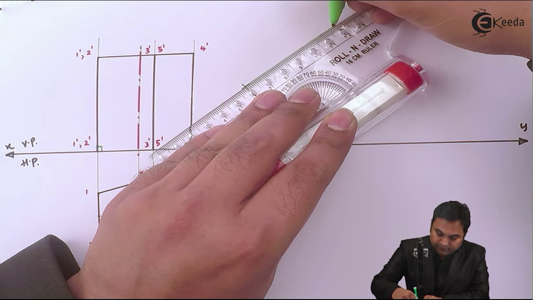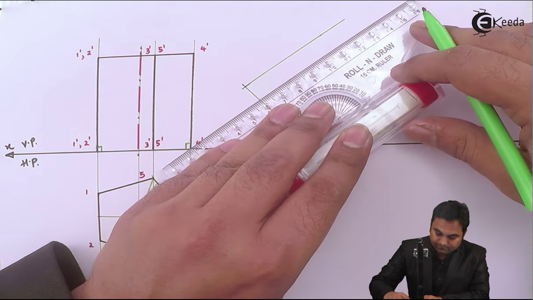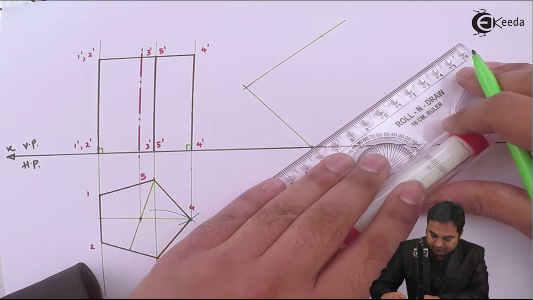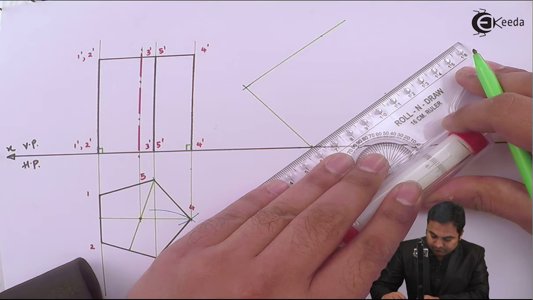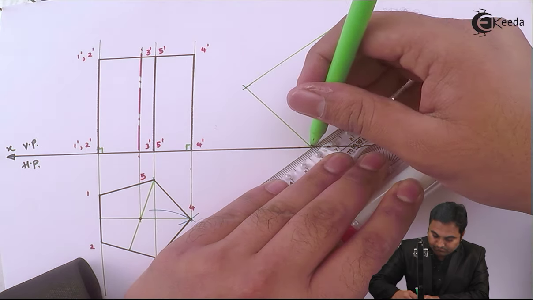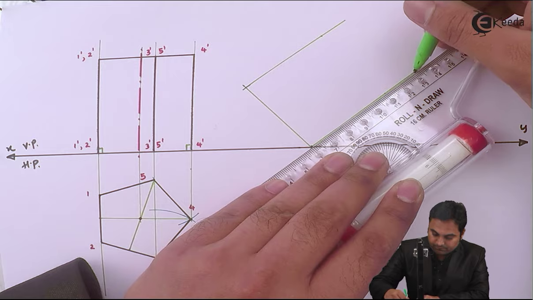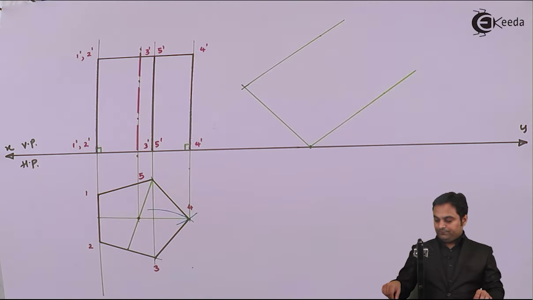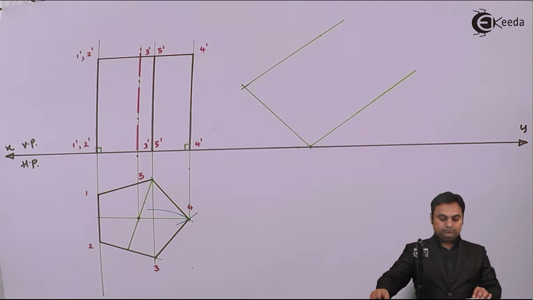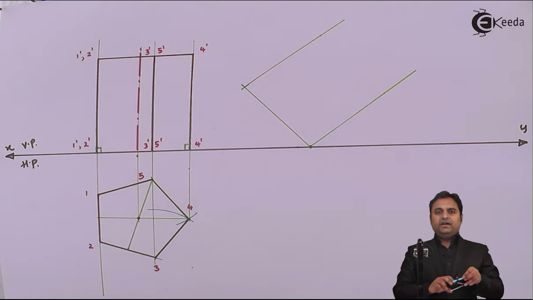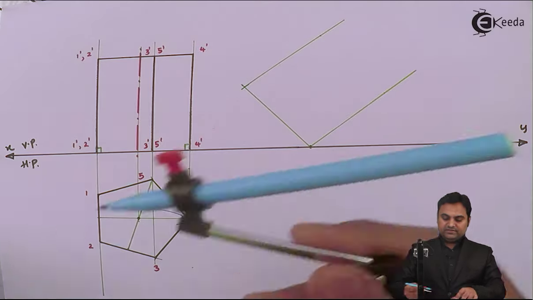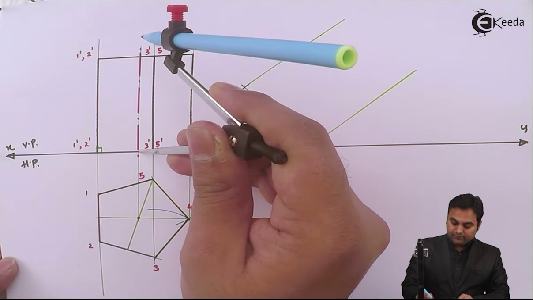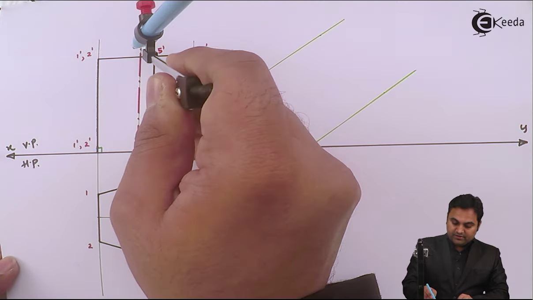drawing a light line first. Next, measuring the height, which is the height of the axis, and that is equal to nothing but the height of the pentagonal prism, 60 mm.